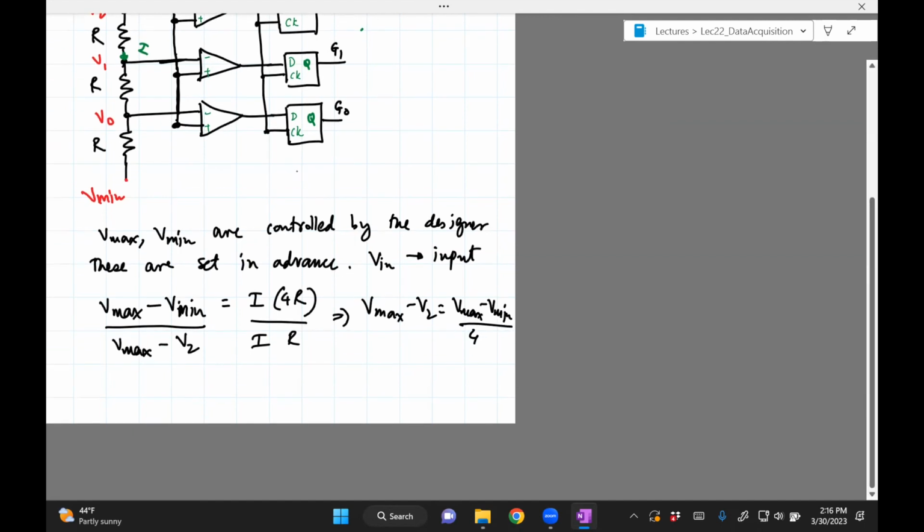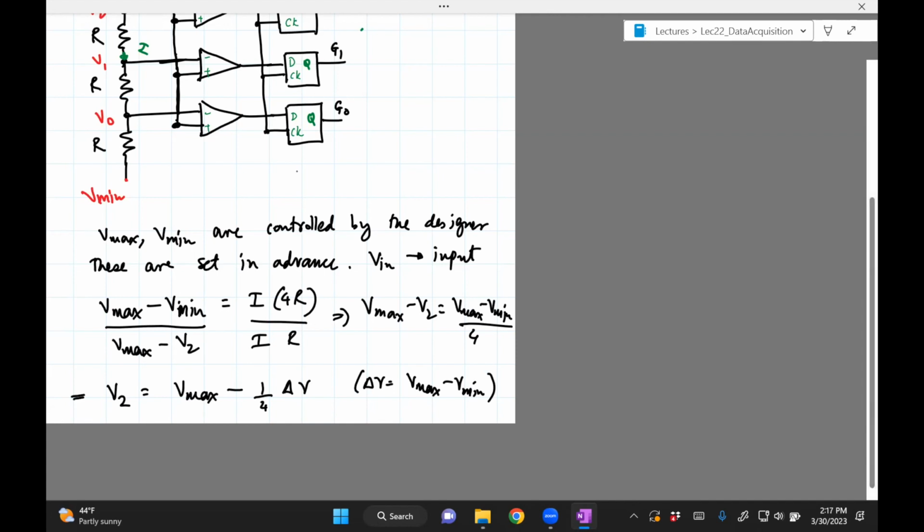And so what I'm going to do is, I'm just going to write this as V2 equals Vmax minus 1/4 delta V, where delta V is Vmax minus Vmin. Okay, so it's just simplification, it's very straightforward.